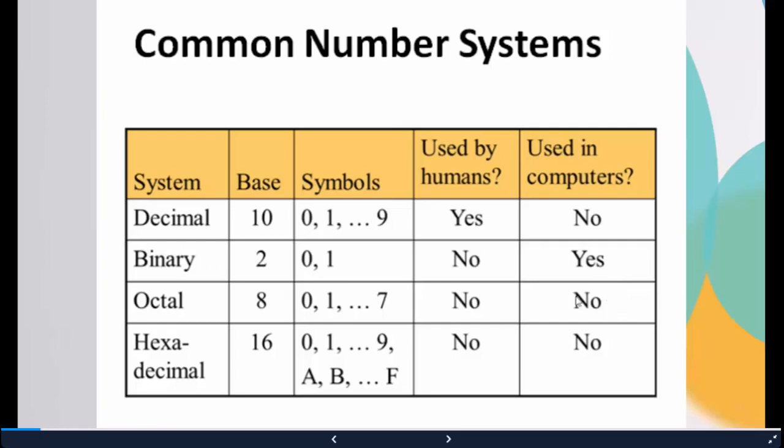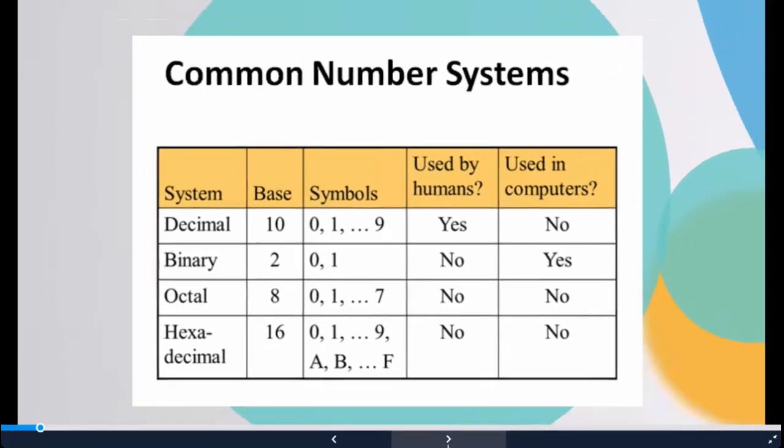So if given octal or hexadecimal and you need it to be understood by humans, you have to convert it to decimal. Or if you're given an octal, hexadecimal, or decimal number and it needs to be used by a computer, you have to convert it into zeros and ones, or in other words, binary.